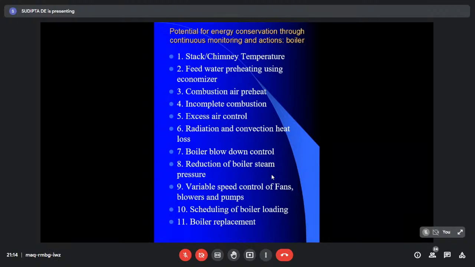Any higher pressure operation of the boiler degrades its performance drastically.